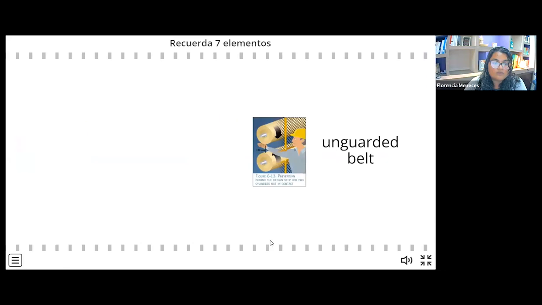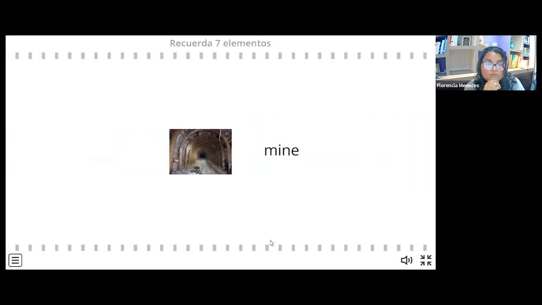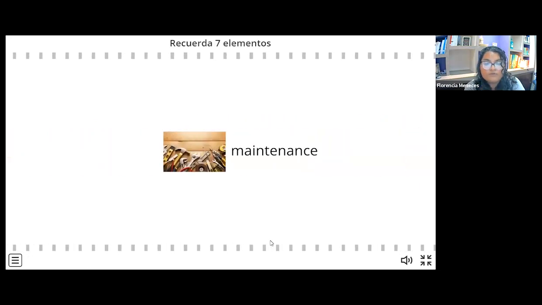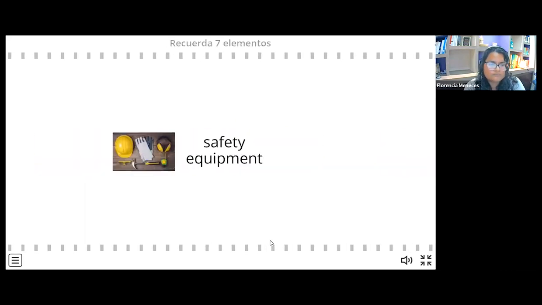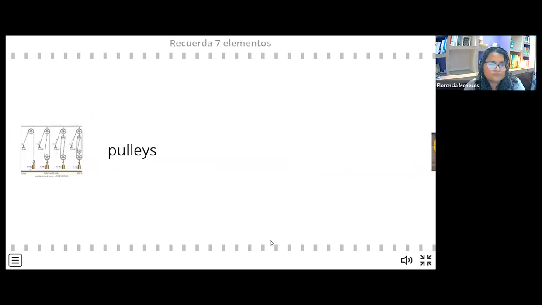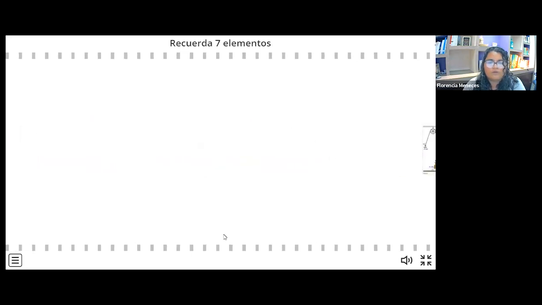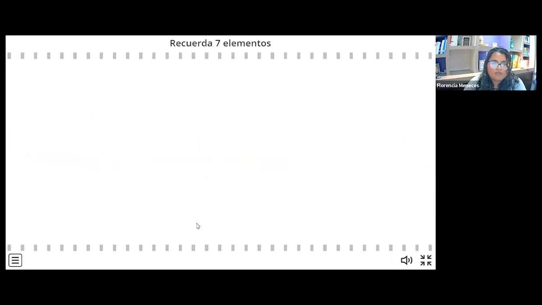So pay attention to some of these words. They are going to appear quickly there. Pueden volver a tener la actividad esta después. Ir haciendo individualmente, okay? So you have to remember 7 elements.